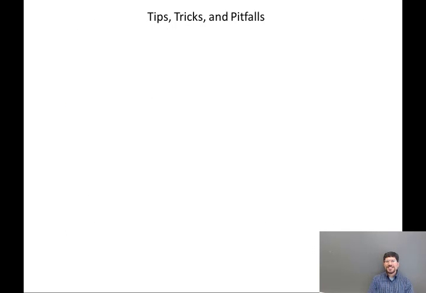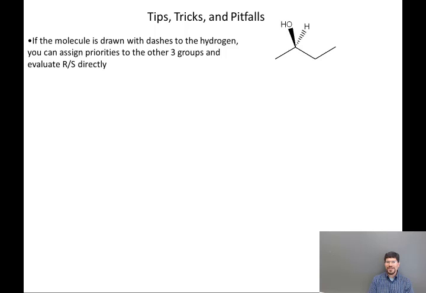Okay, so some more tips, tricks, and pitfalls, as I like to say, relating to this topic. If we look at a structure of 2-butanol, and if the molecule is drawn with dashes to the hydrogen, you can assign priorities to the other 3 groups and evaluate R/S directly without doing any reorientation.